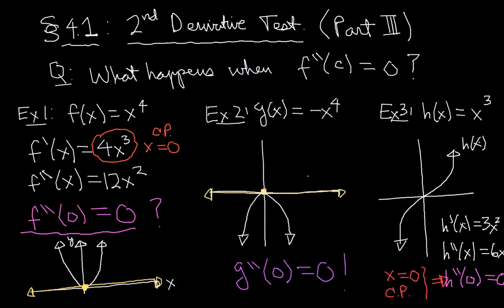So let's look at this. Here's the critical point. It looks like the graph I drew is a little bit inaccurate here. Let's just redo this so that it looks a little more accurate.